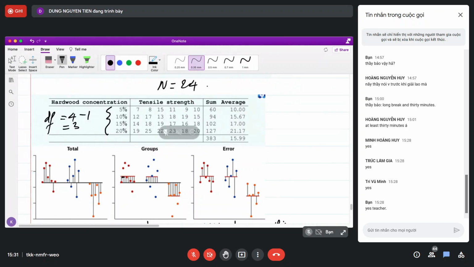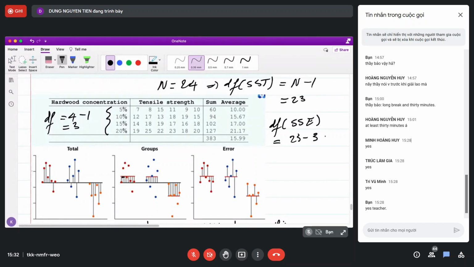Then the degrees of freedom of the SST should be 24 minus 1, which is 23. The degrees of freedom for SSE is simply the difference between the degrees of freedom for SST minus the degrees of freedom for SSTR, and that is 23 minus 3, which is 20. Do you understand? Okay, that's clear. Let's move on, everybody. Is this all right?